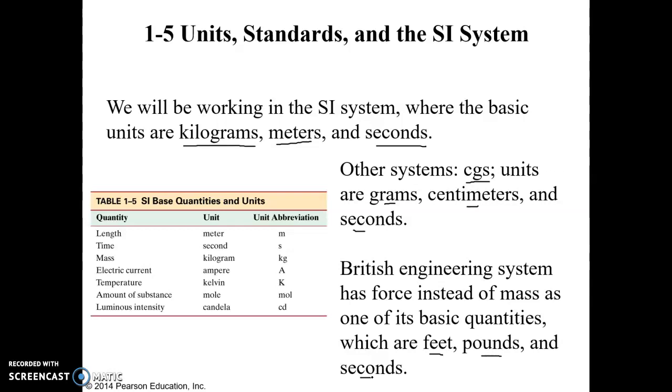Seconds is still the same. So this is probably what we're all familiar with. You're used to measuring things in feet and pounds, and as an engineer, that's certainly what I'm used to. But we're going to be using kilograms, meters, and seconds.